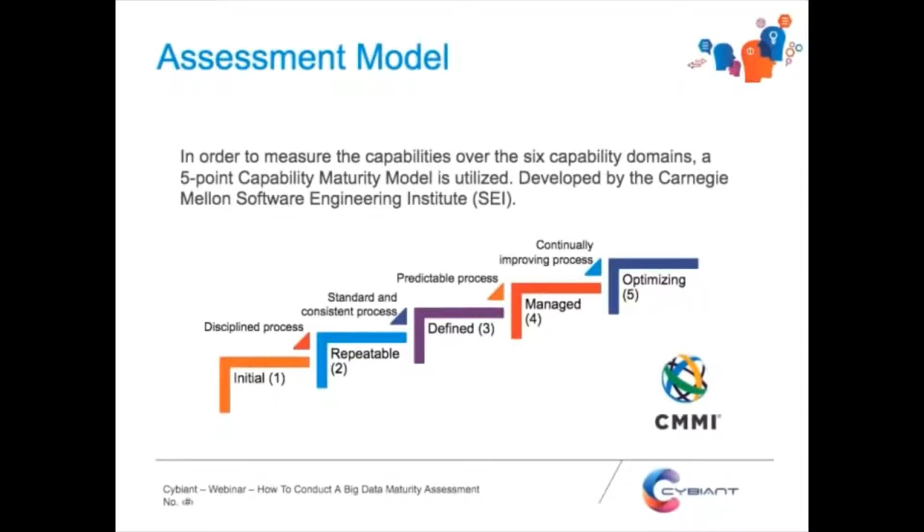So here you see a very consistent approach to measure where you are today versus where you want to go in the future. And there are 5 very clearly defined levels in which you and your organization can move from almost zero existence in terms of maturity in big data towards an optimal measurement.